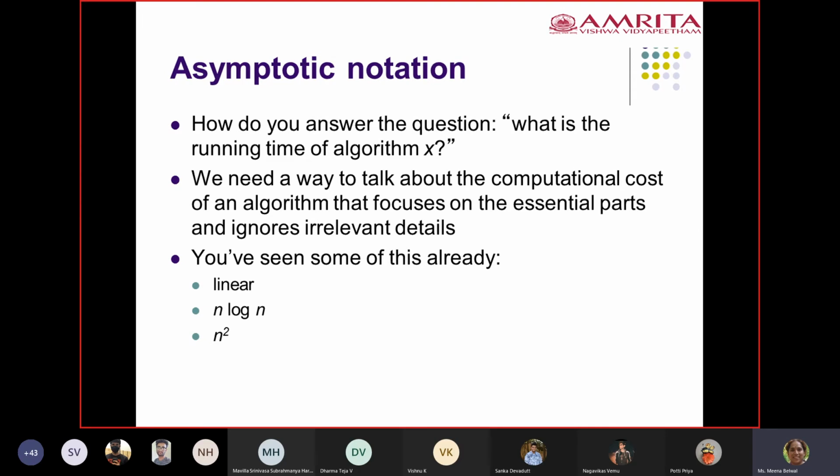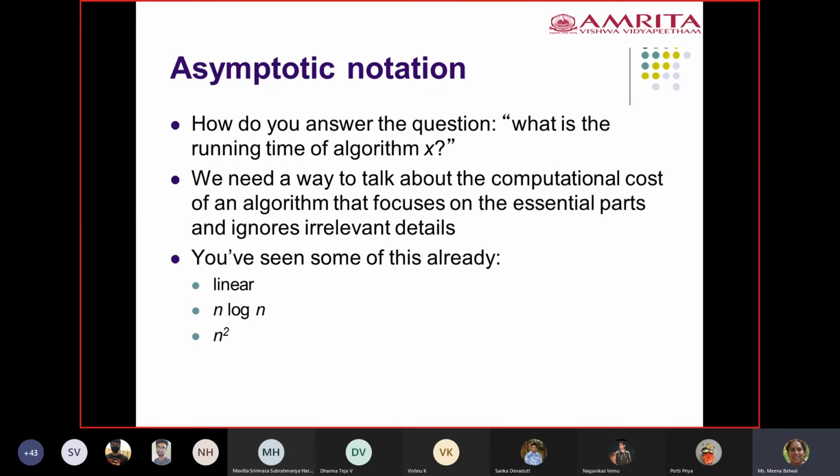So we need a way to talk about the computational cost of an algorithm that focuses on the essential parts and ignores irrelevant details. You will see this when you write big algorithms. There will be very big algorithms wherein some part of the algorithm will be most important, the part which runs the most number of times.